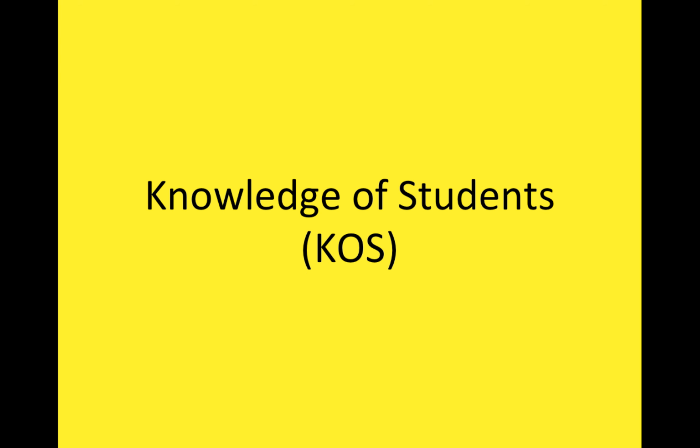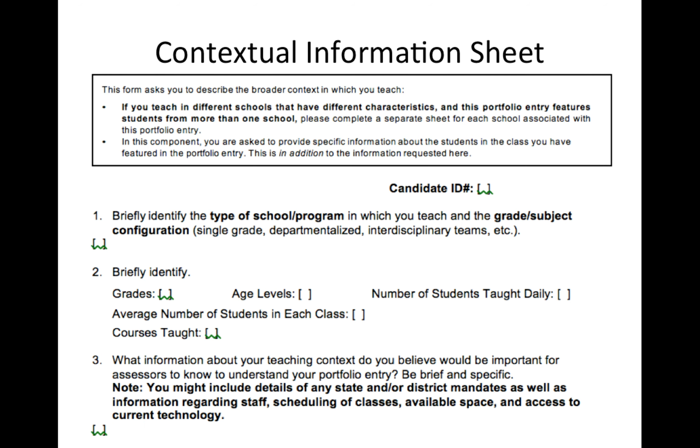Now, let's talk a little bit more about knowledge of students. Okay, you have a contextual information form. You should be familiar with this by now if you are working your way through this. And you can see it's identifying your school program, the type of school program, how many students, what courses you teach. And here, question 3, you see that question about state mandates, district mandates, and again, we have already talked about 2 that everyone will have, and that is your state objectives as a mandate and your school pacing guide, okay?